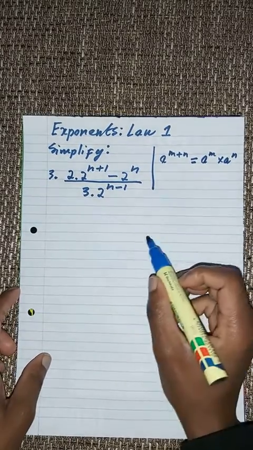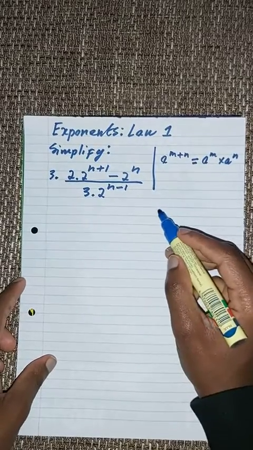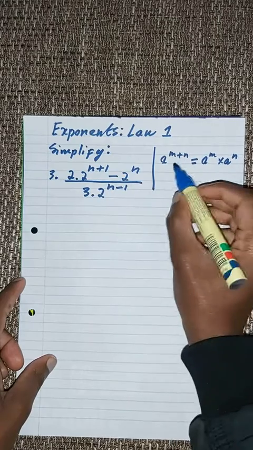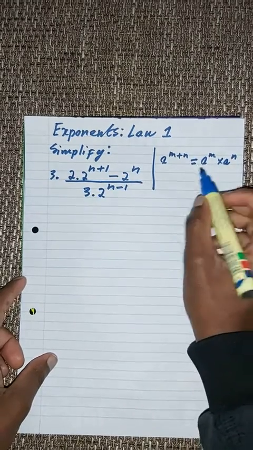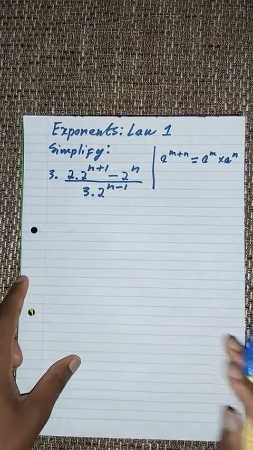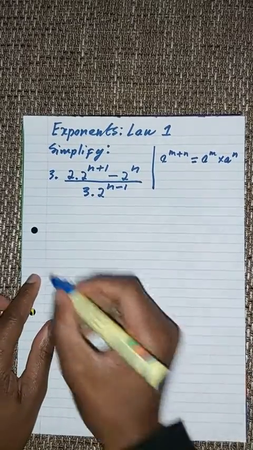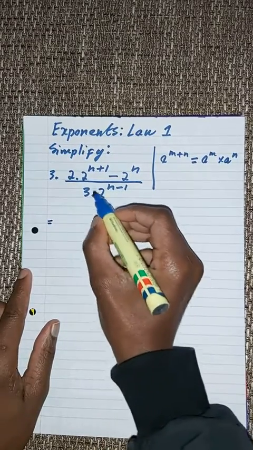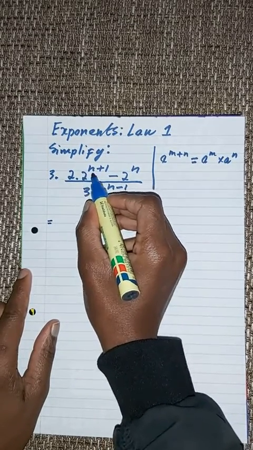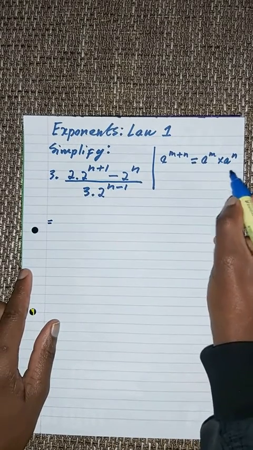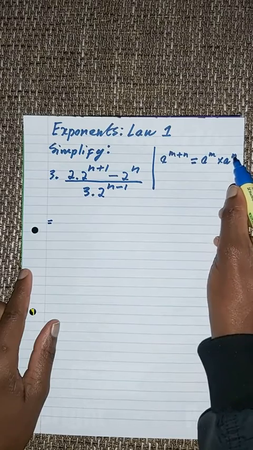But the aim for us to simplify this problem is to go from here to here, and then it will be easy for us to simplify this particular problem. Okay, let's get into it. So for us to simplify this problem, we are going to reverse this 2 to the power of n plus 1 to 2 to the power of n times 2 to the power of n.